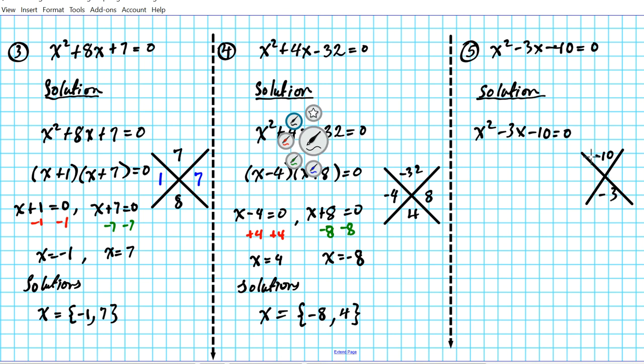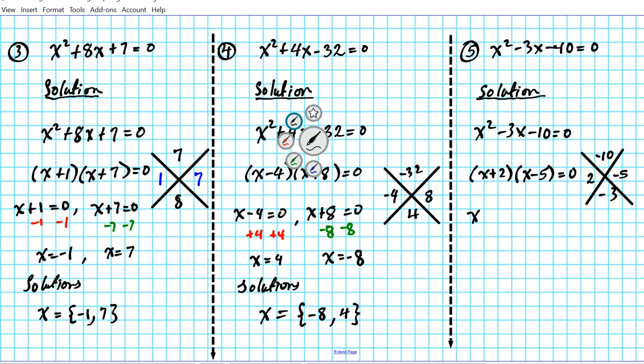So what pair of numbers multiply to give you 10 and add to give you 3? We have 1 times 10, which doesn't work. 2 times 5 is excellent. So 2 and 5. So to resolve the signs, the product is negative and the sum is negative. So the bigger of them has to be negative. Okay? All right, since A is 1, we can skip grouping, jump right to the factored state. x plus 2 times x minus 5 equals 0.